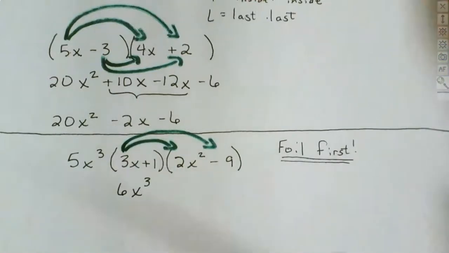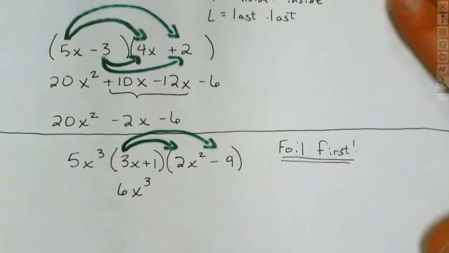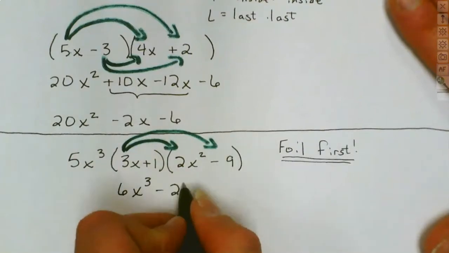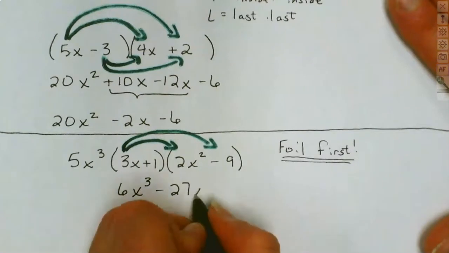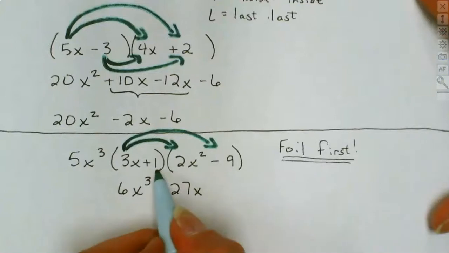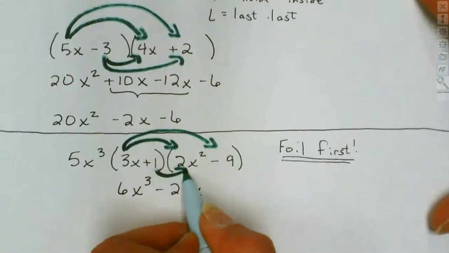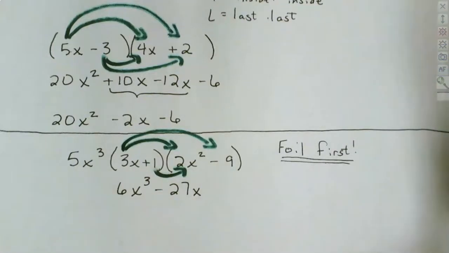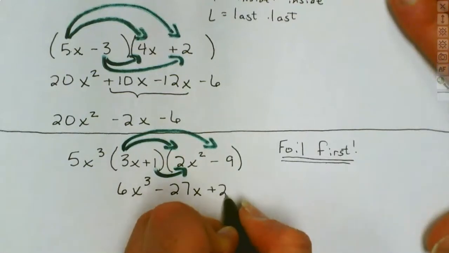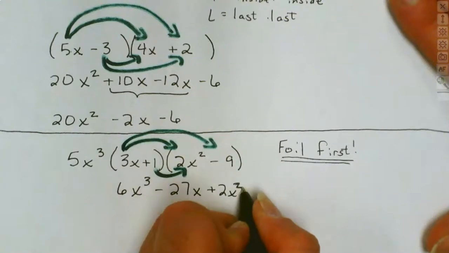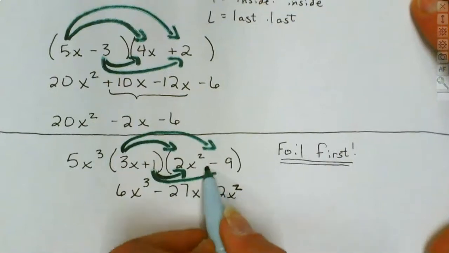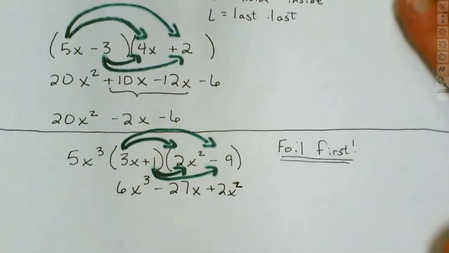So that's 3x times a negative 9. 3 times a negative 9 is a minus 27, and the x just comes along with it. And we've got the inside and the inside here. 1 times a 2x squared is simply a 2x squared. And then 1 times negative 9 is a negative 9.